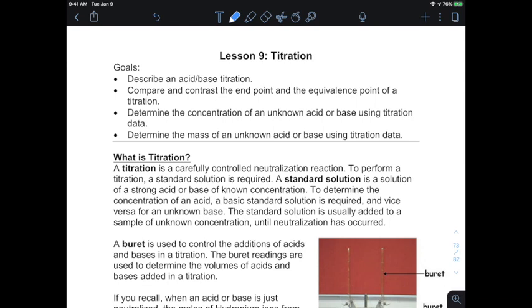To perform a titration, you need some sort of standard solution. A standard solution is one that you know the concentration of. In our case, we're talking about a strong acid or a base that you know the concentration of. Often you know this concentration by using a method that is dependable.